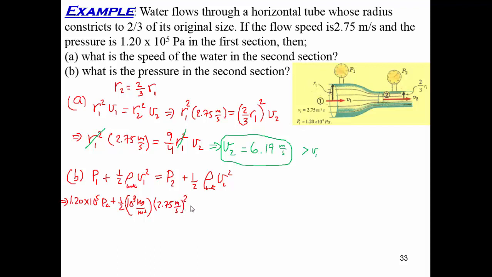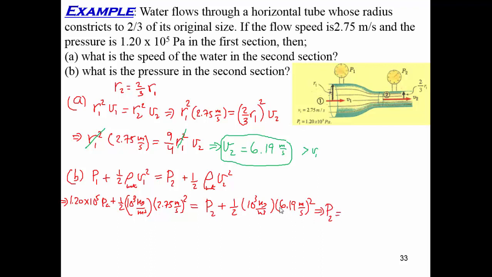This is the left-hand side, equal to the right-hand side, which is P2, our unknown, plus 1/2 times the density of the fluid times the speed of the fluid, which we found to be 6.19 meters per second in the previous part. And now we solve for P2.